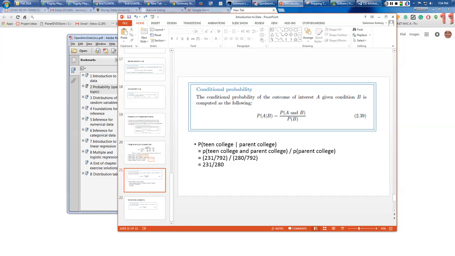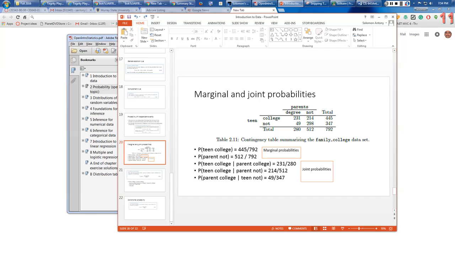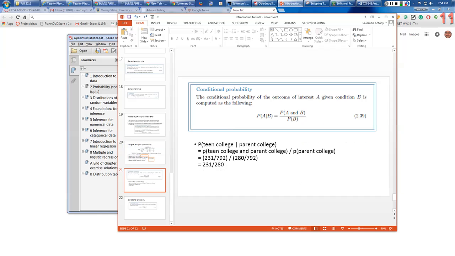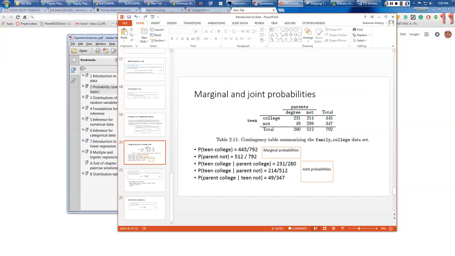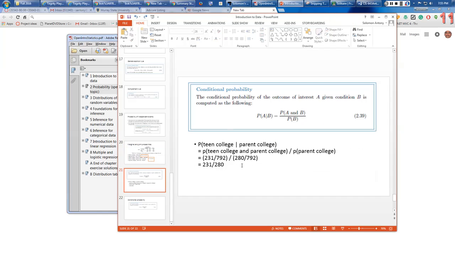Next we have a concept called conditional probability, and the concepts of marginal and joint probability can be used in calculating it. The description I had here, probability of teen attended college given that parent attended college, is called conditional probability.